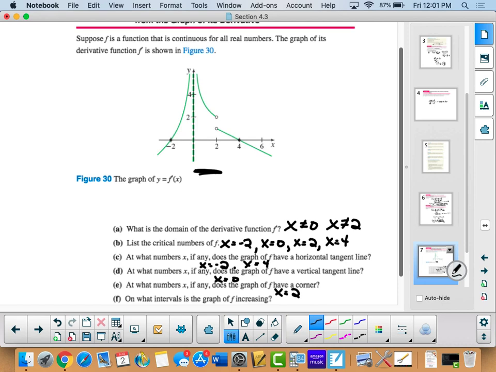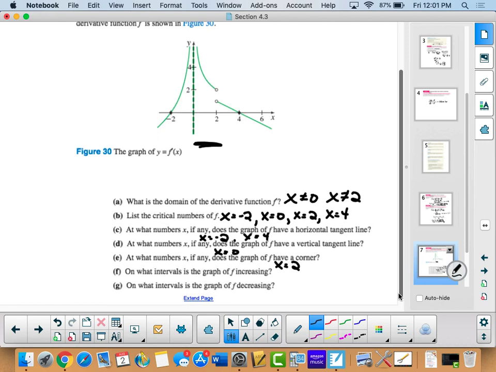And when we want to know what intervals the function is increasing, that will happen when the derivative is positive, and that happens between -2 and 0, 0 and 2, and 2 to 4.